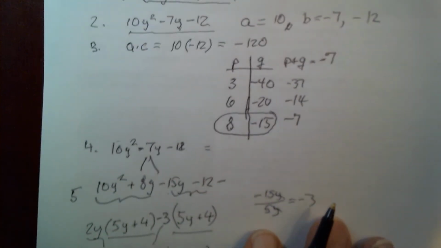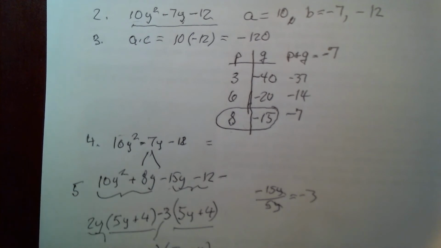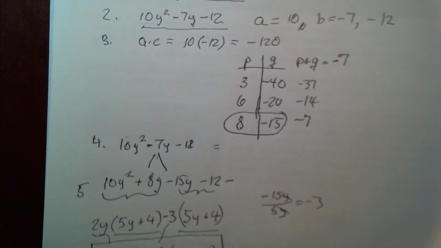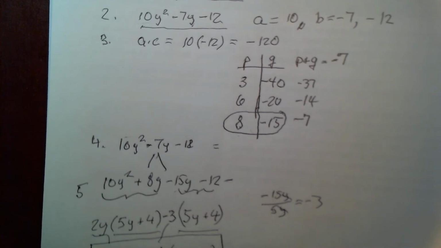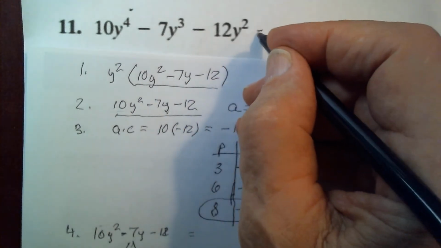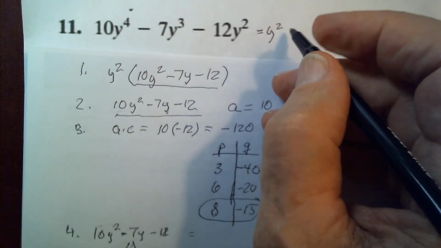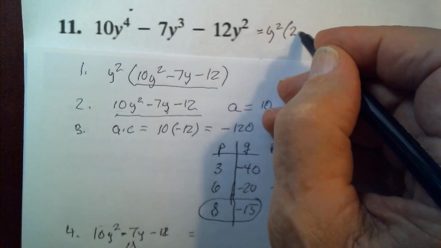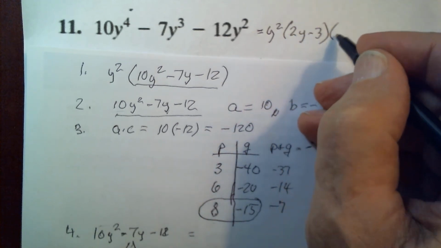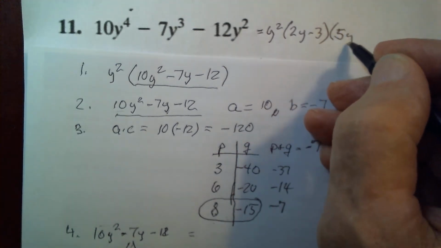So we write that in front here, y squared, implied multiplication. And so this is then our final answer for factoring the above trinomial. And again, step 6, I leave it up to you to check the answer. So that was equal to y squared times 2y minus 3 times 5y plus 4.